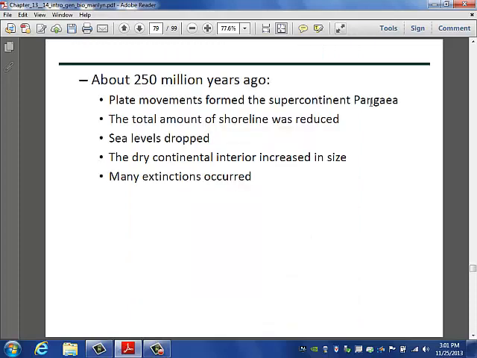So about 250 million years ago, plate movements formed the supercontinent called what? Pangea. Total amount of shoreline was reduced, sea level dropped, dry continental interior increased in size, and many what?